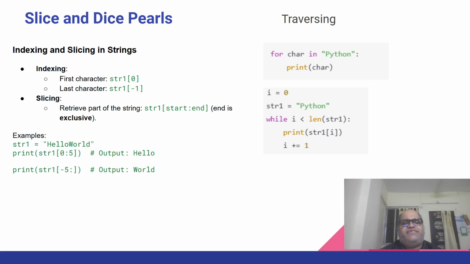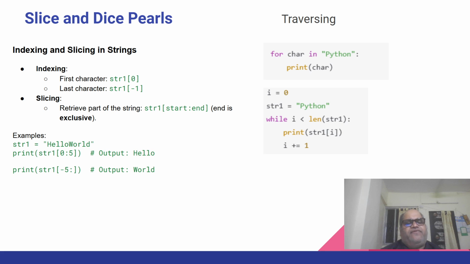Since strings are counted starting from 0, end is exclusive, meaning it is not included. Using 0 as a base count, your fifth one will be the small o, and that's why you get from 0 to 5 hello.